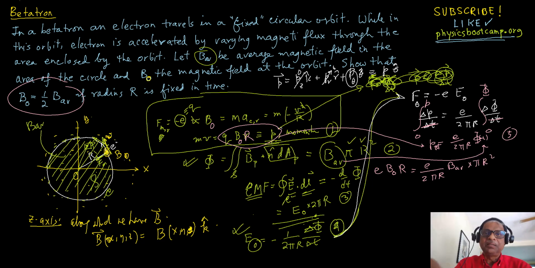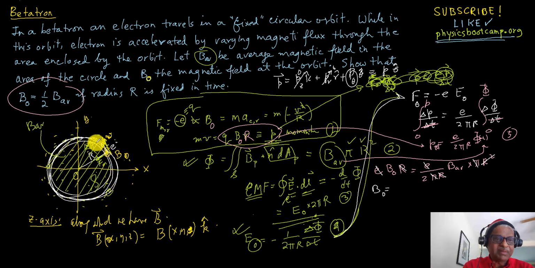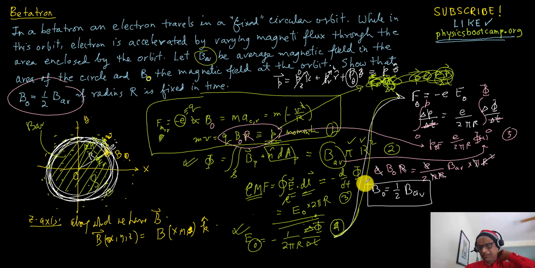So you can see things are going to nicely cancel. This r with this r with this r, all the r's together cancel. This pi cancels. So B at the orbit, B at these points, B at the edge on the orbit is actually half the B that is averaged over this area, and that's an important condition.